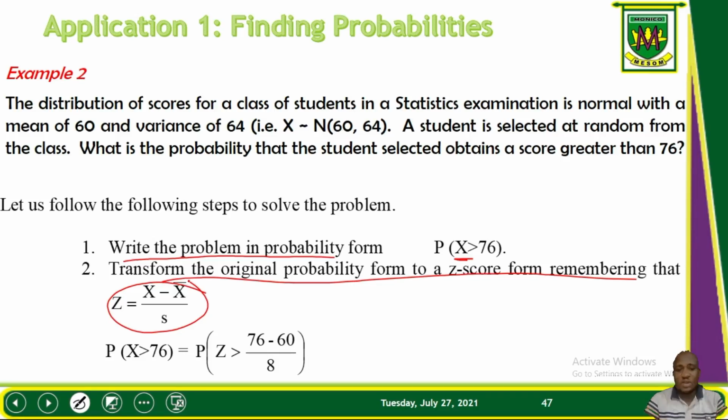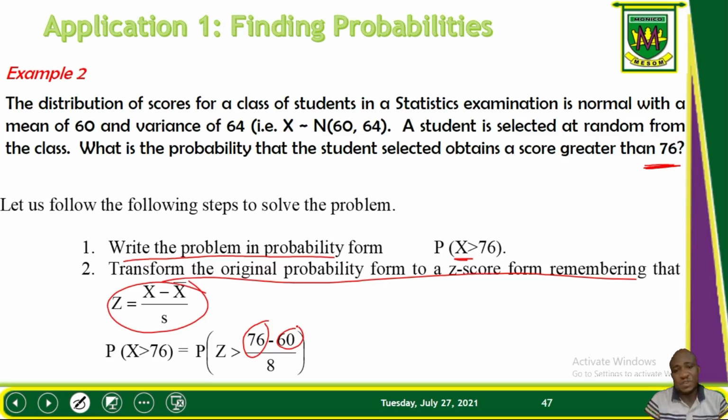The next step, what is our x? Which x are we considering in the question? It's 76. We want a number which is greater. We are predicting that the student we selected is likely to score greater than 76. So we are using the 76 in the question. So it will be 76 minus, what is our mean? The mean in the question is 60, minus 60.